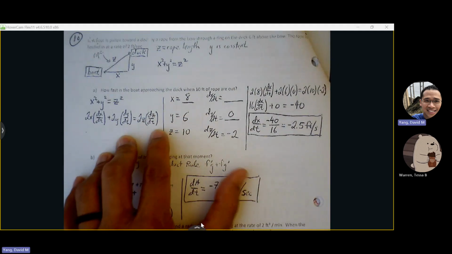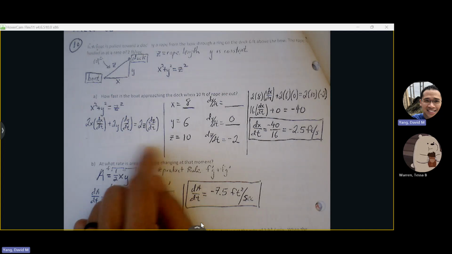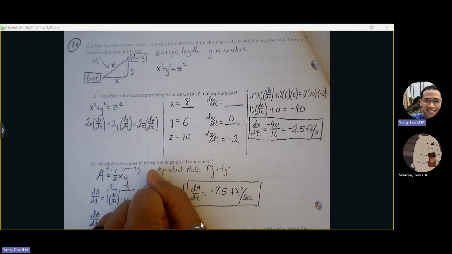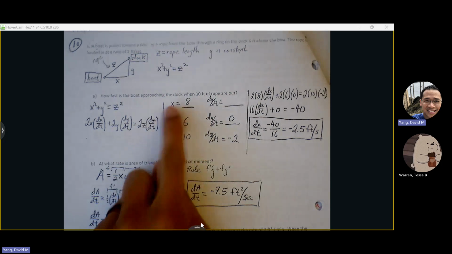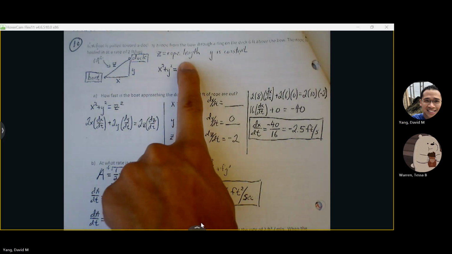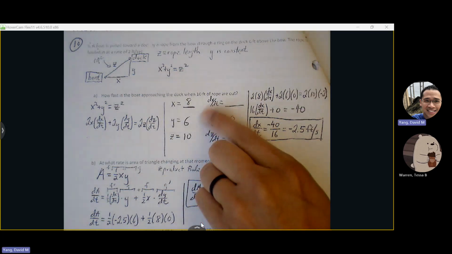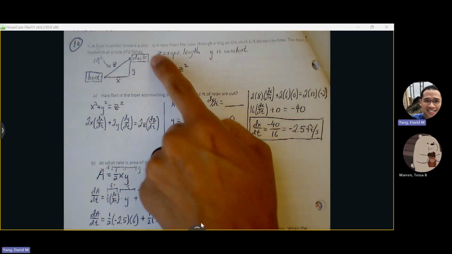Okay, what's your question again? I mean, how did you get z is equal to 10? Z is equal to 10. Okay. So wait, sorry. X is equal to 8. How'd you get x?